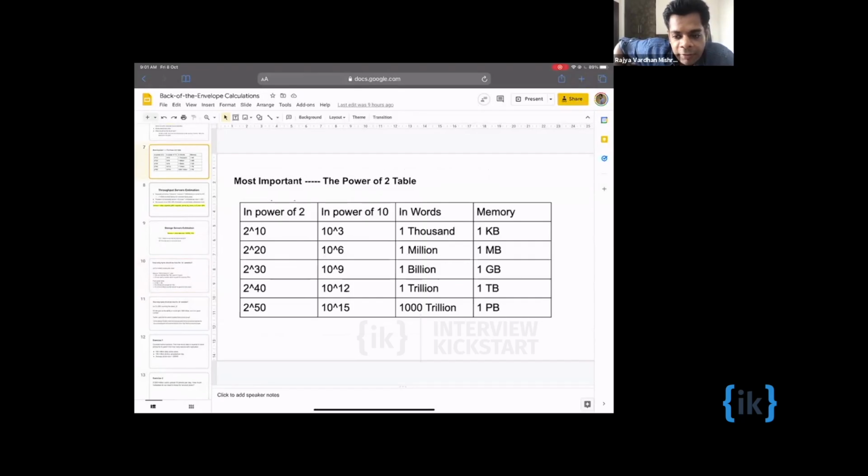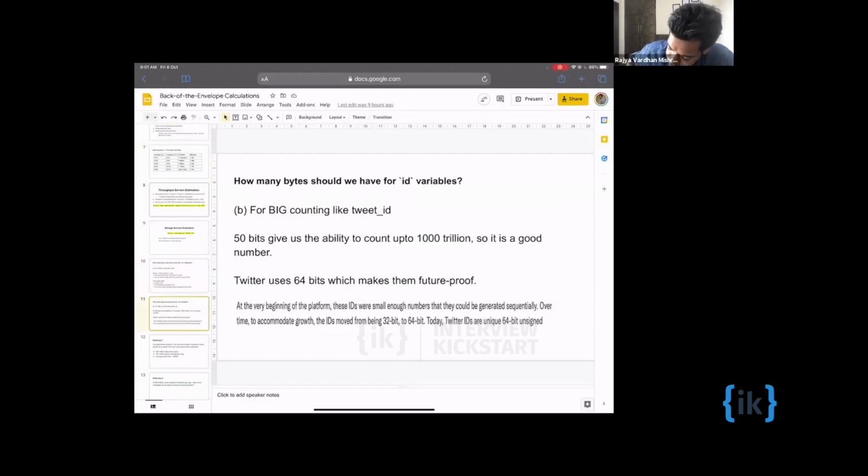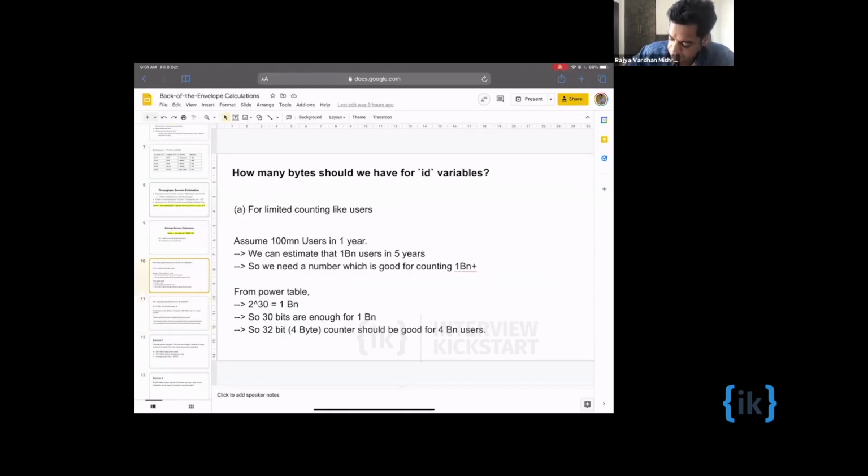So the 30 here is the 30 bits. So that means 30 bits are enough to count up to 1 billion. If I have a 32-bit number, then it should be good enough for 4 billion users.